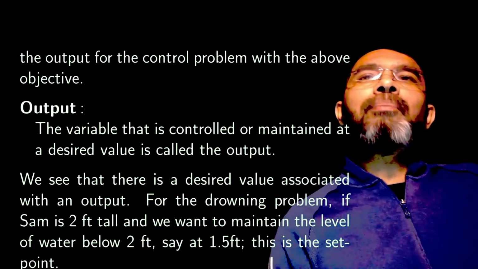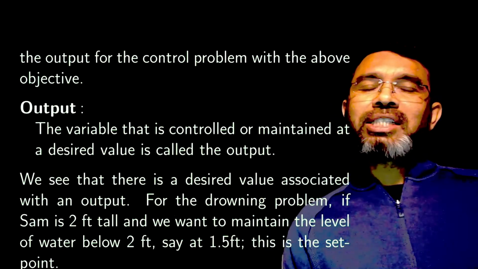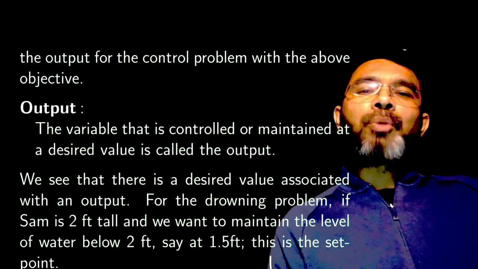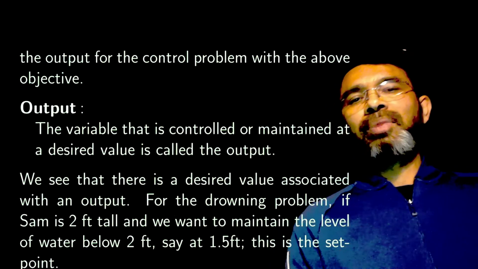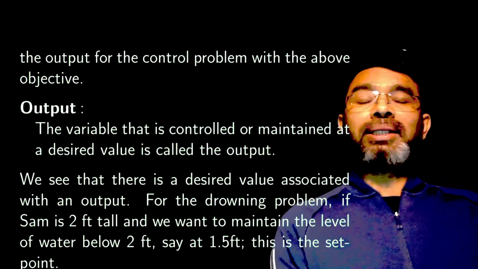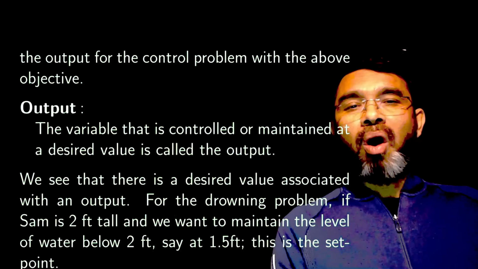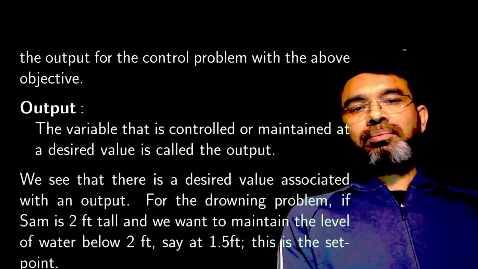When you use the terms input and output in a process perspective, it is different from the terms input and output when you consider the control perspective. So in control, the output is defined as the variable that is controlled or maintained at a desired value.